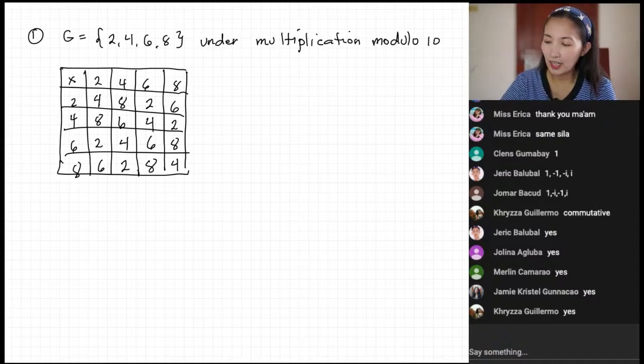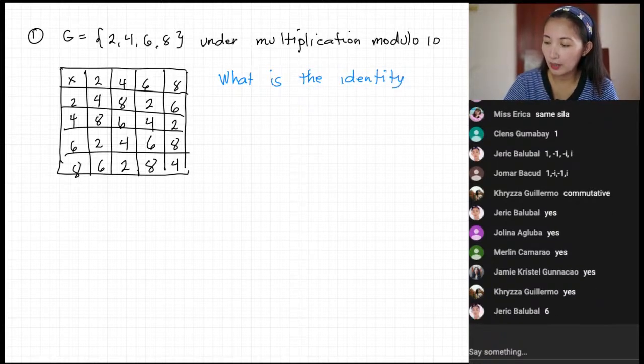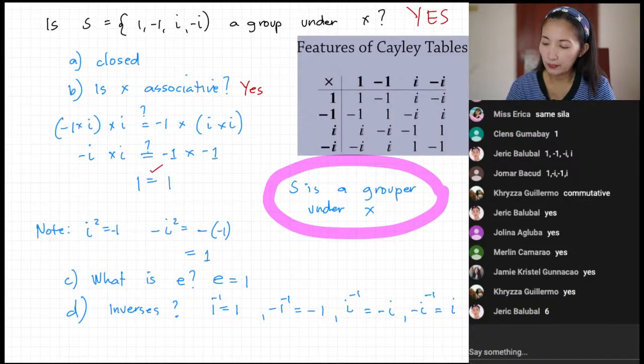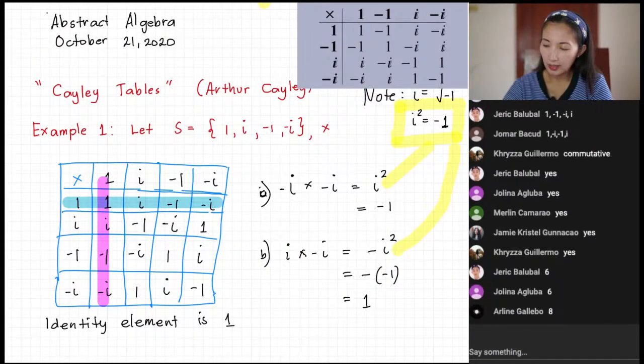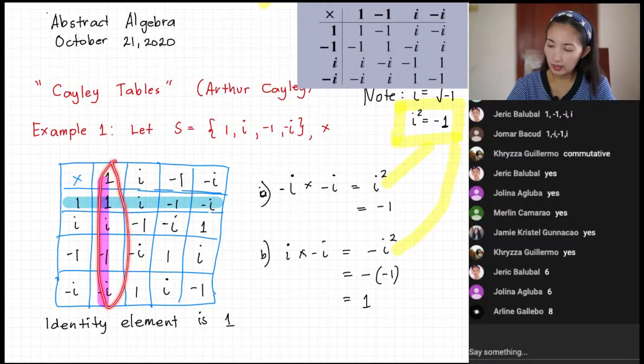The problem asks: find the identity element. What is the identity element? Many did not get this. Look at what we did previously: all entries equal to these entries.